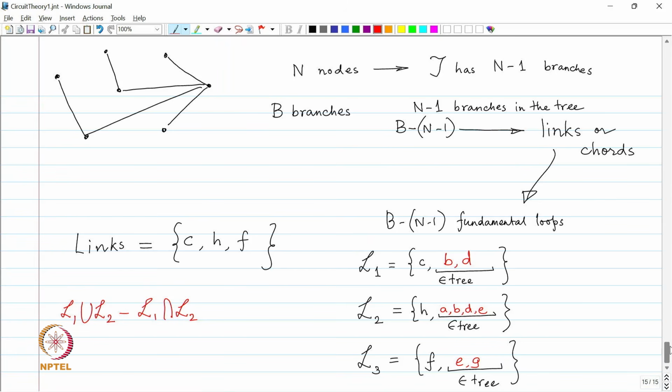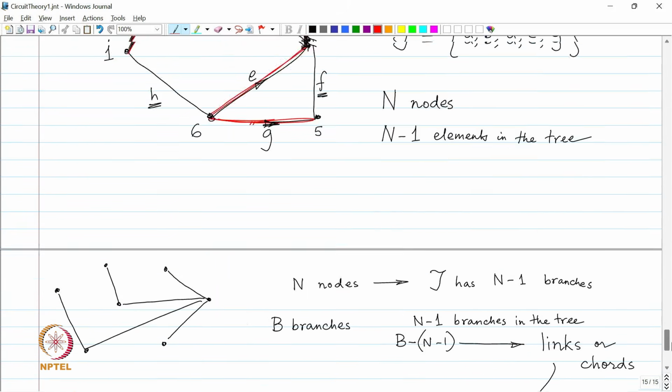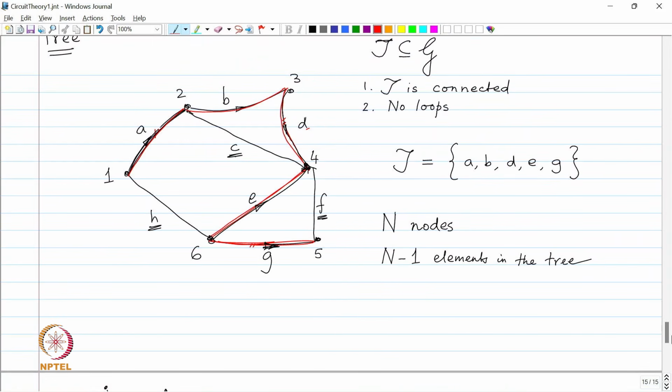What is this? Just check C, H, A, E. Is that a loop? C, H, A, E, it is a loop. It is a new loop which is composed of those two fundamental loops just by doing union minus intersection.